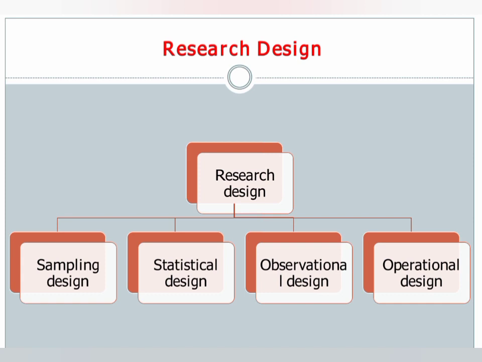The next one is observational design. So it relates to the conditions under which the observations are to be made. So the last one is the operational design. It deals with the techniques by which the procedures specified in the sampling, statistical and observational designs can be carried out. Okay, so these are the different things in how the research design can be done.